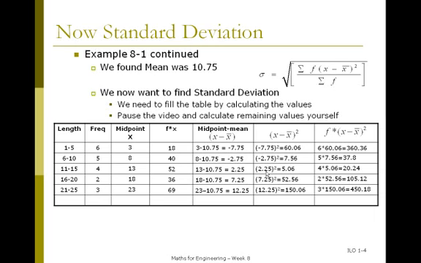The next step we want to do now is find the totals of the frequency, the totals of f times x, the total of the midpoint x minus the mean x bar, which is then squared, and then the total of the frequency multiplied by the midpoint minus the mean squared. So likewise, if you want to proceed now and add up those values for each of the columns listed there.